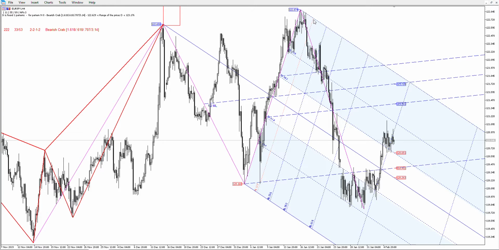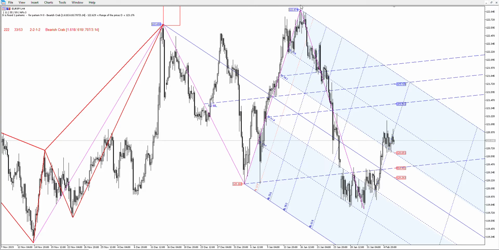Got descending pitchfork, and we had a break of the channel and a consolidation. And because it nestled so tightly together, I thought there was going to be a breakout, because whenever the candles are really squished, there's normally a consolidation and break. And so we broke above that shift channel, and the same logic applies.